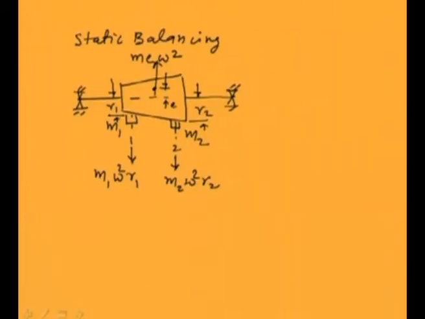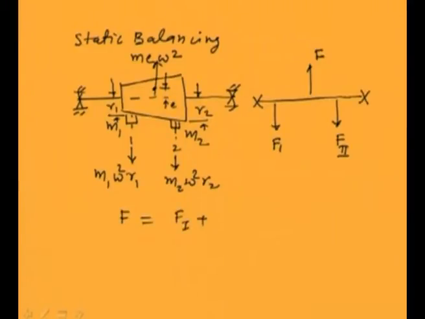Now this system can be shown like this, where these are the centrifugal forces for balancing plane 1 and balancing plane 2. So we need to consider these relations when we want to balance the rotor.